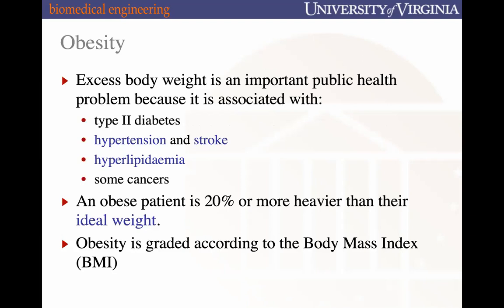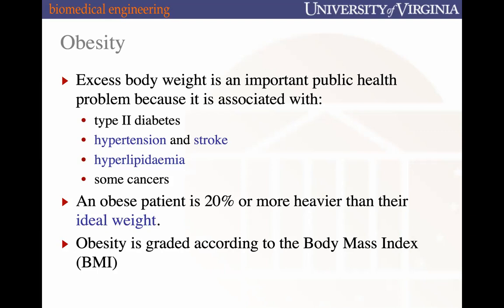For obesity, as I'm sure many of you know, obesity is described as excess body weight. It's an important public health problem because of how diets and lifestyle have changed over time, particularly in the Western world, but now Western habits are expanding throughout the world. Obesity is becoming one of the leading public health crises internationally.